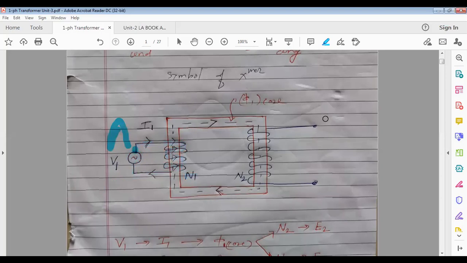Similarly on the secondary side, I mark one terminal as C and the other as D.